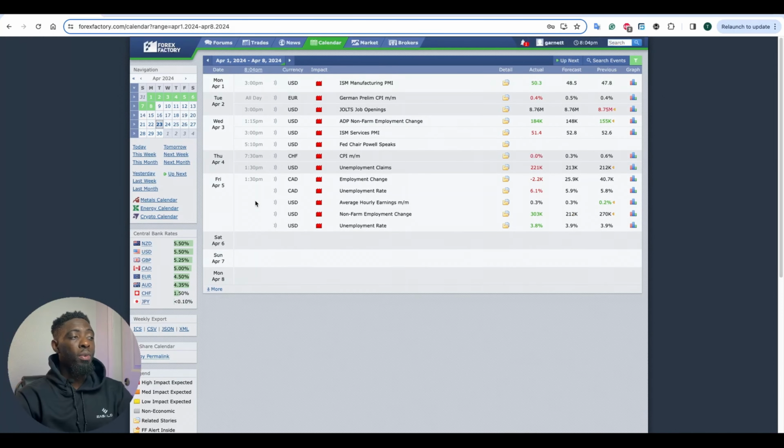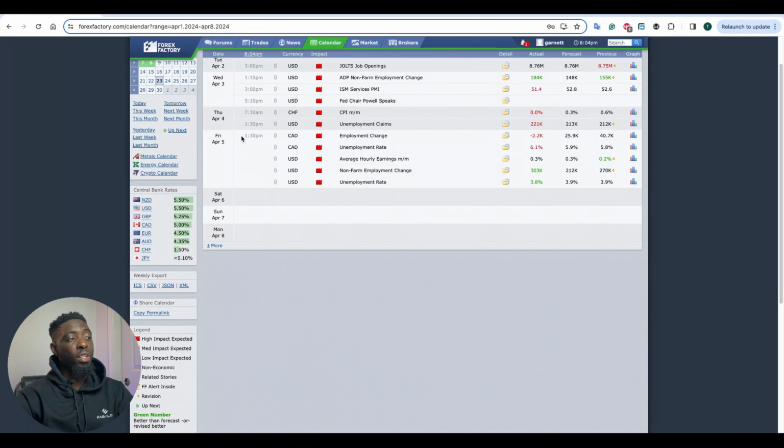So notice what happens on April 5th. From 1:30, you have employment change, unemployment rate, average hourly earnings. You have all these high impact news events that get released around this period, and we're not talking about the numbers. You're not focused on whether it was good news, whether it was positive or negative.